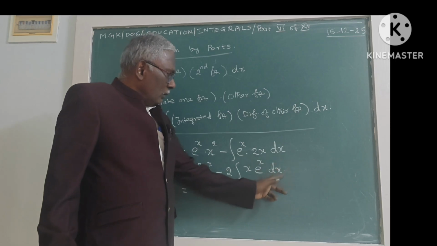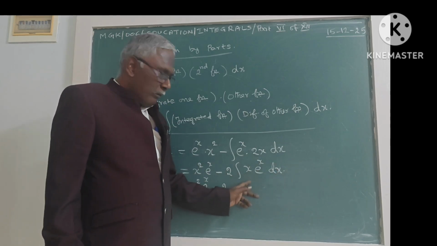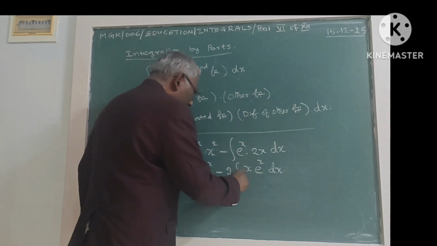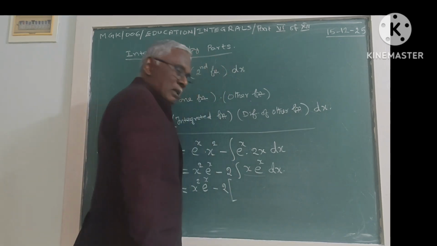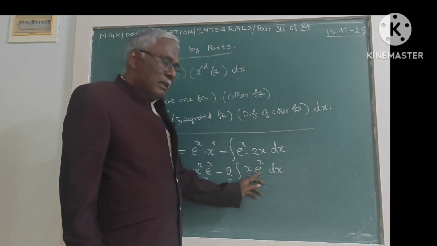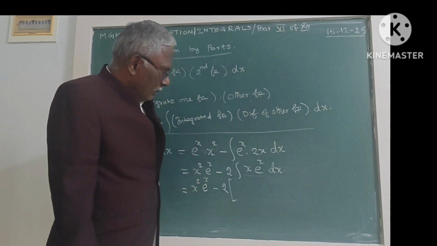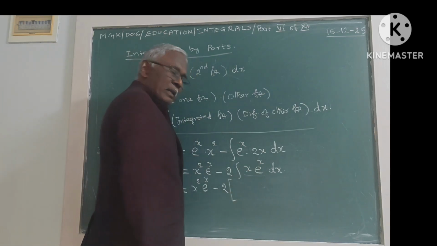Again we have to integrate this by integration by parts only. So put a bracket. Now again two functions are there. x is one function, e power x is other function. Again here we have to integrate e power x only.